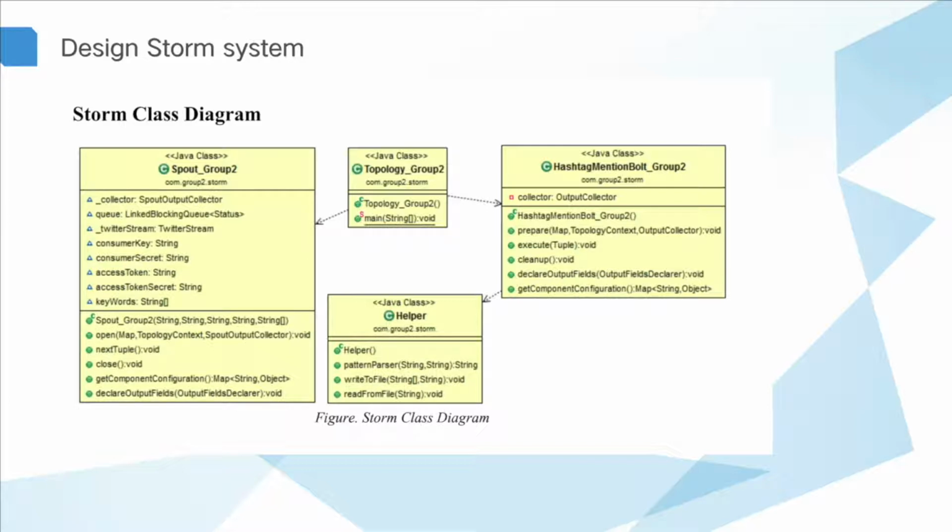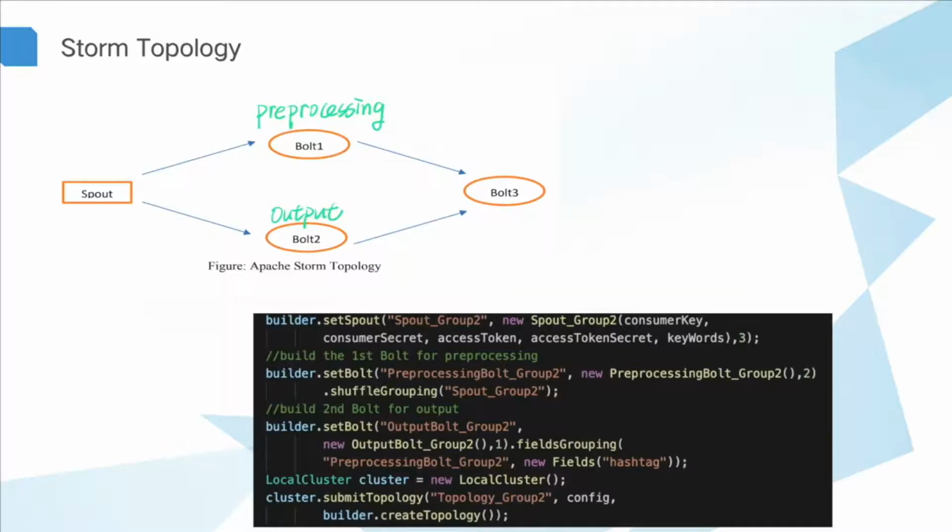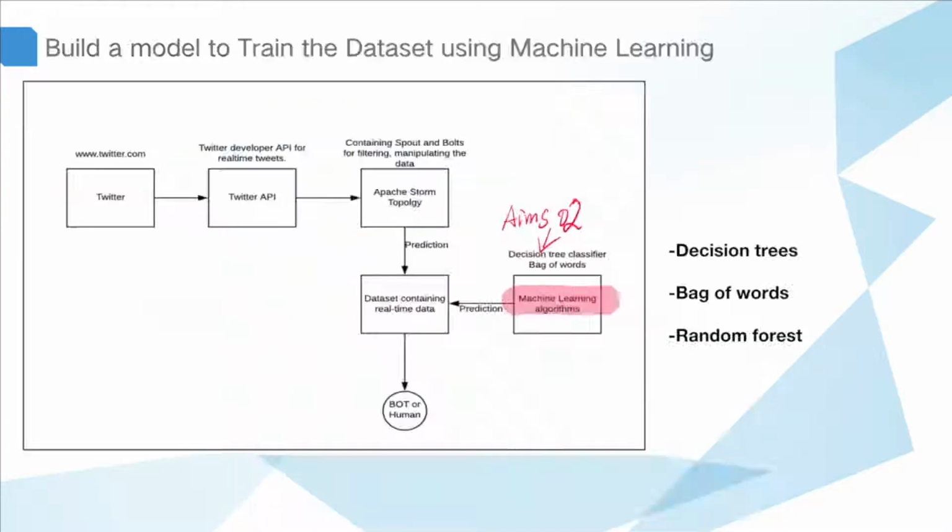And the last one is the helper class. In the helper class, it will do the pattern parsing, write to file, and read from file works. So here it shows our Storm topology. We set one spout class and two bolt classes. One is preprocessing and another one is output, and we also set the cluster in the end.